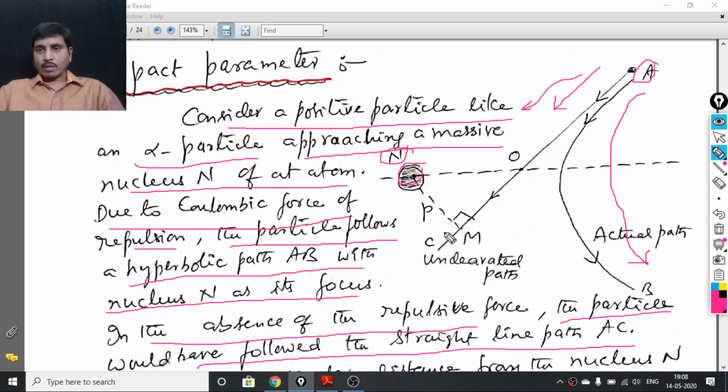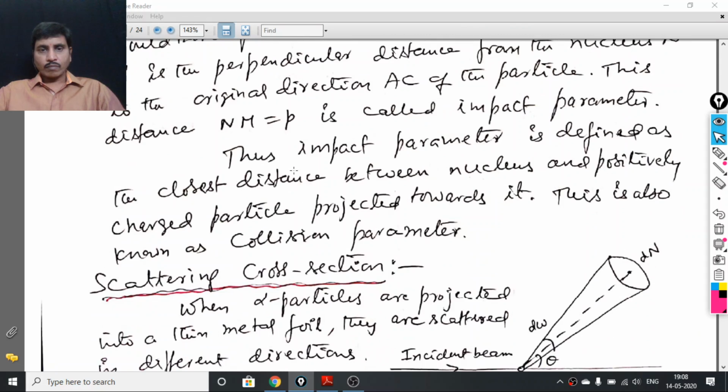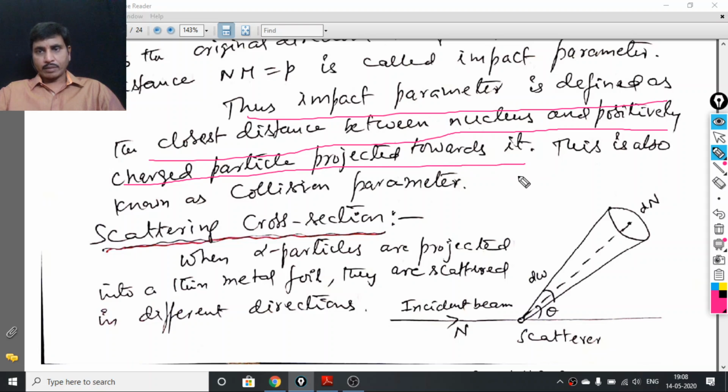Now, the perpendicular distance between initial direction AC of the alpha particle and nucleus is NM. This perpendicular distance is p and is called the impact parameter. This can be defined as: impact parameter is defined as the closest distance between nucleus and positively charged particle projected towards it. This is also known as collision parameter.